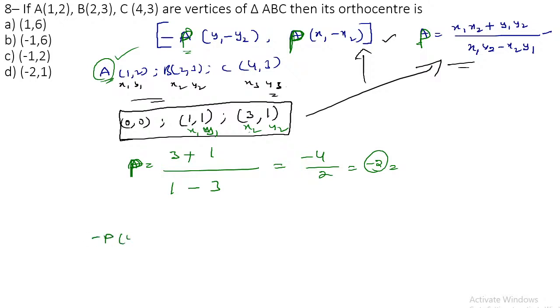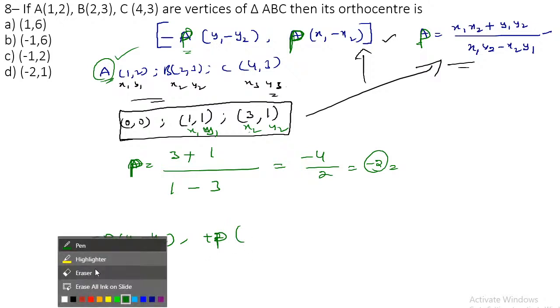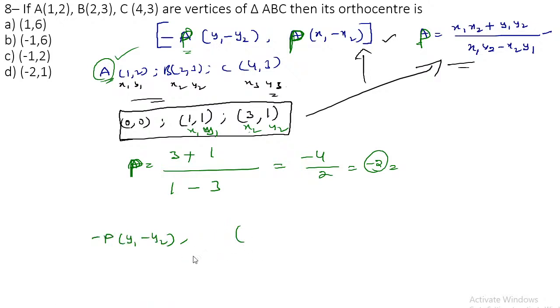So now minus P into y1 minus y2 comma P into x1 minus x2. Now this is equal to minus P. P is minus 2 and minus P is 2. 2 into y1 minus y2: 1 minus 1 is 0.